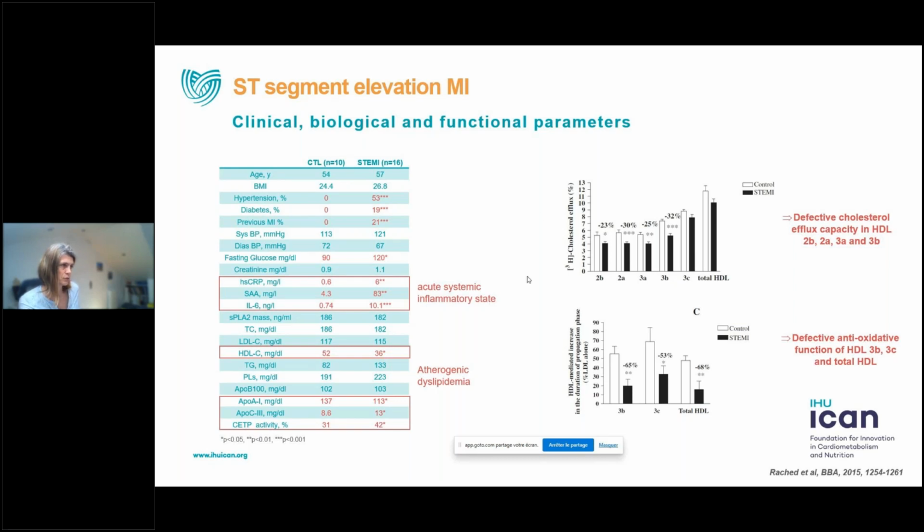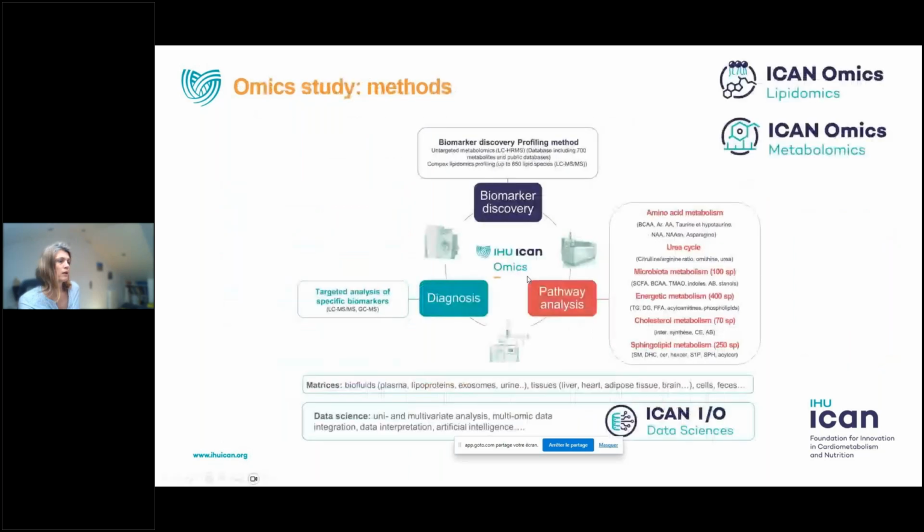So just to present you our omics platform, it is based at the EHU ICAN in Paris. We have a lipidomics and metabolomics platform where we developed complementary solutions, going from biomarker discovery using untargeted metabolomics with a high resolution mass spec, and complex lipidomics profiling using targeted LC-MS.